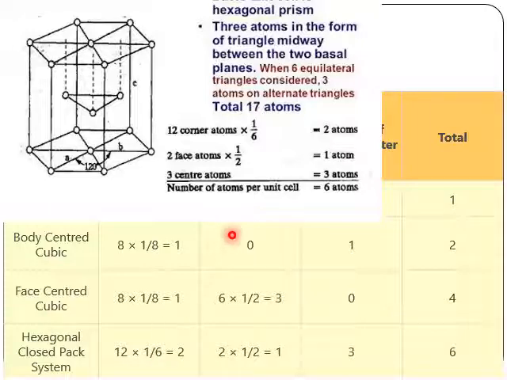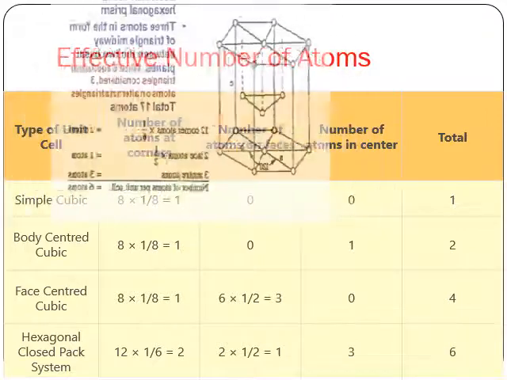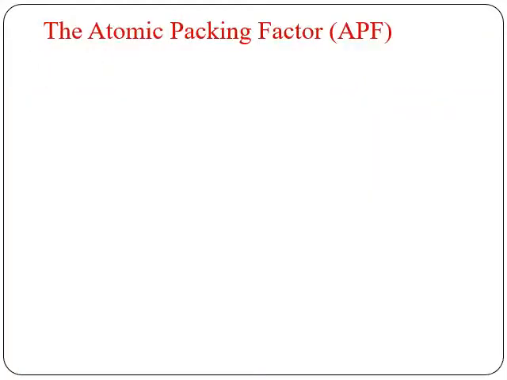This is one more thing we need to note down for the calculation of APF. Just to move on, this is a very important one: the atomic packing factor. If you take a simple box and fill small-diameter balls into it, we say in general that it is filled.